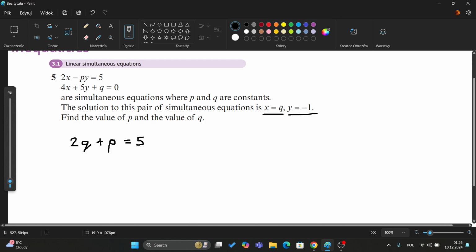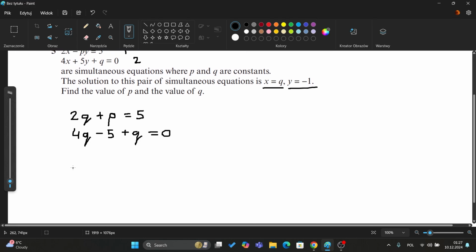So what we're essentially doing is substituting x equals q and y equals minus 1 into our first equation, and now into our second equation. So 4q plus, minus 5, plus q is going to be equal to 0.